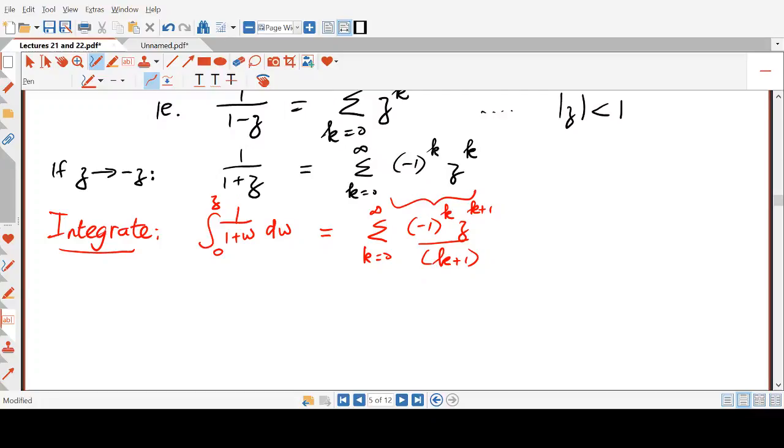What I just want to show is that we know this is a log integral. So this is actually log of 1 plus w from 0 to z, which equals the sum of minus 1 to the k, z to the k plus 1 over k plus 1.